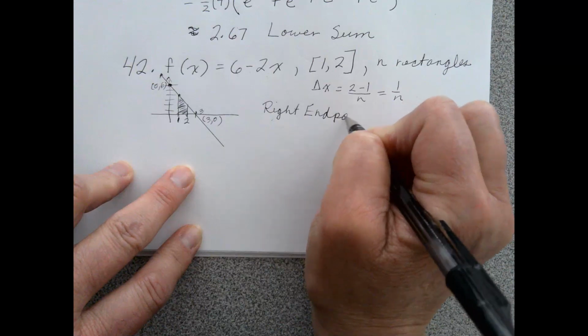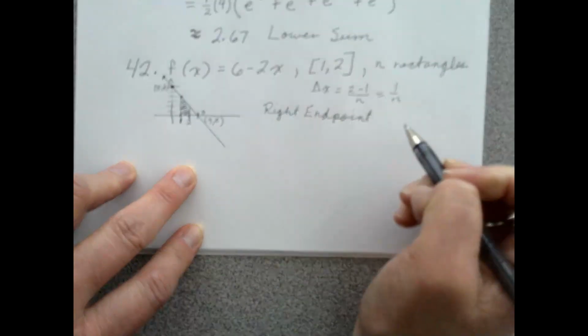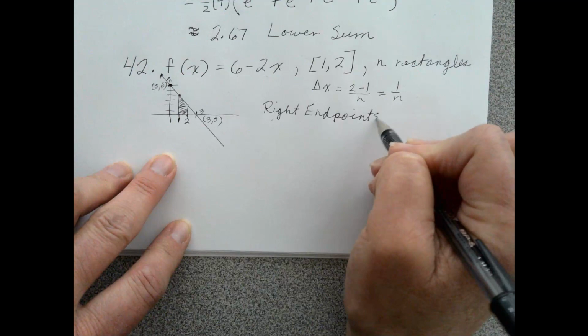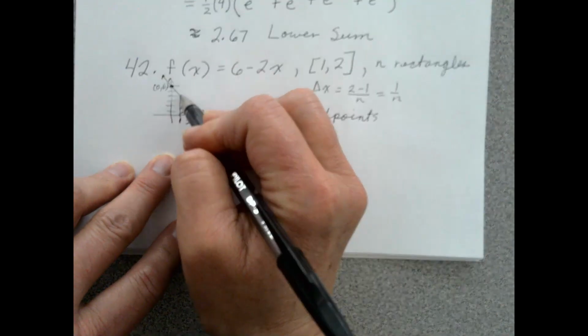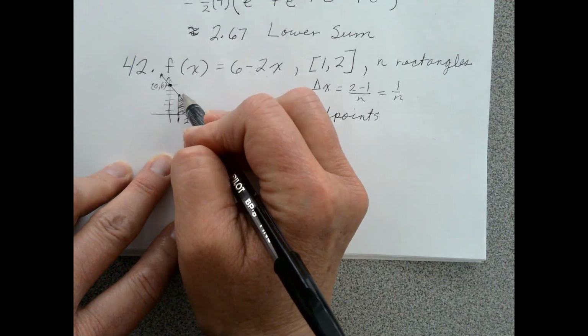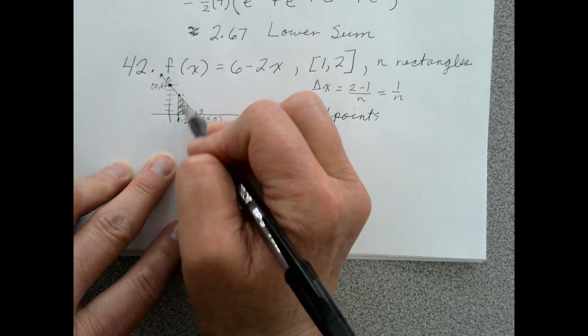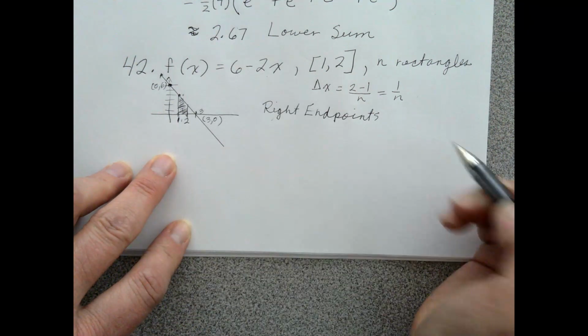So right endpoints, is that going to give me an upper sum or a lower sum? If this is my left endpoint, a right endpoint would be over here, right? So it's going to give me an upper sum.